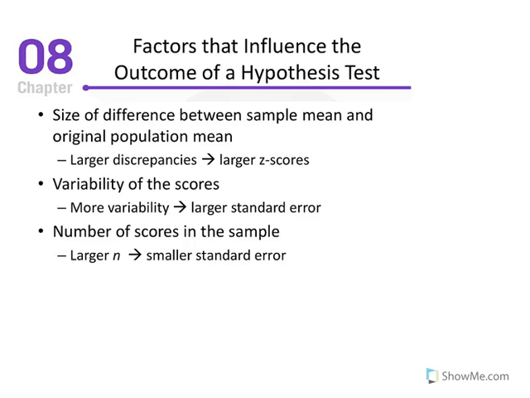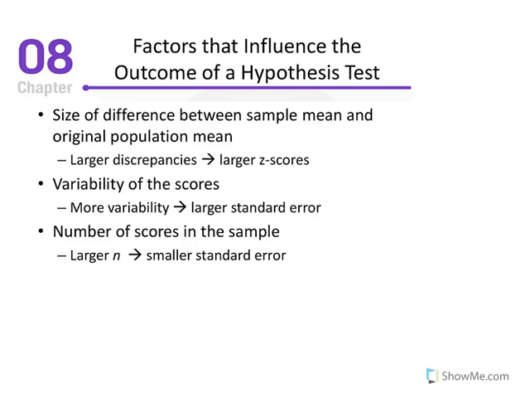Factors that influence the outcome of a hypothesis test. Again, we're hoping to reject the null hypothesis when engaging in hypothesis tests. To do so, we must produce a z-statistic or a test statistic that's out in the tails, meaning a large z-value, whether it's negative or positive.